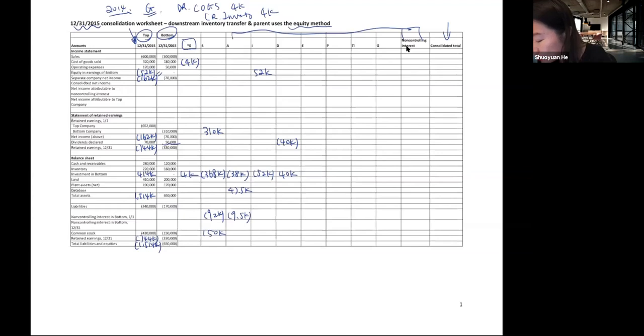So operating expense goes up by 2.5. Oh, sorry, not here. It goes up by 2.5 thousand, and database goes down by 2.5 thousand.